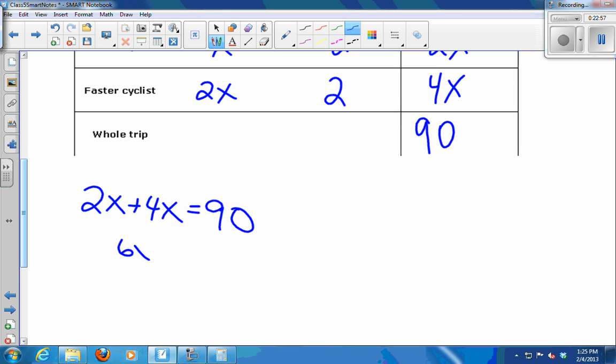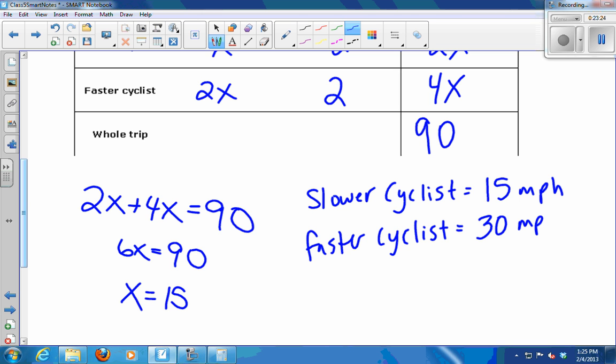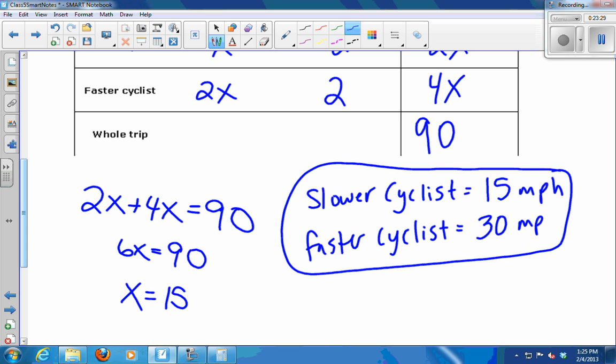So we get 6x is 90, which means x is 15. So my slower cyclist is traveling at 15 miles per hour, and the faster cyclist must have a motor, right? That's really fast. 30 miles per hour, or maybe she was going downhill or something. Oh, wow. So maybe it's a professional.